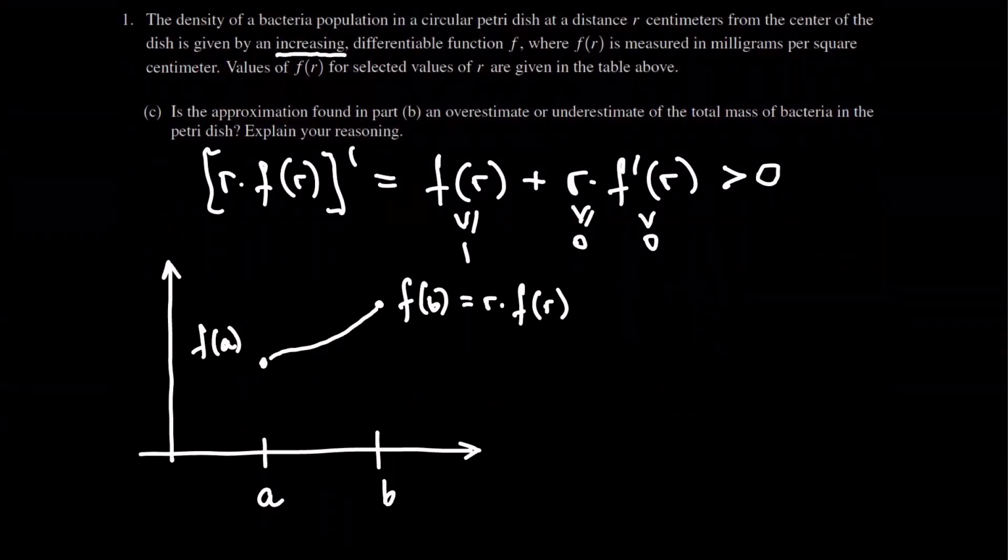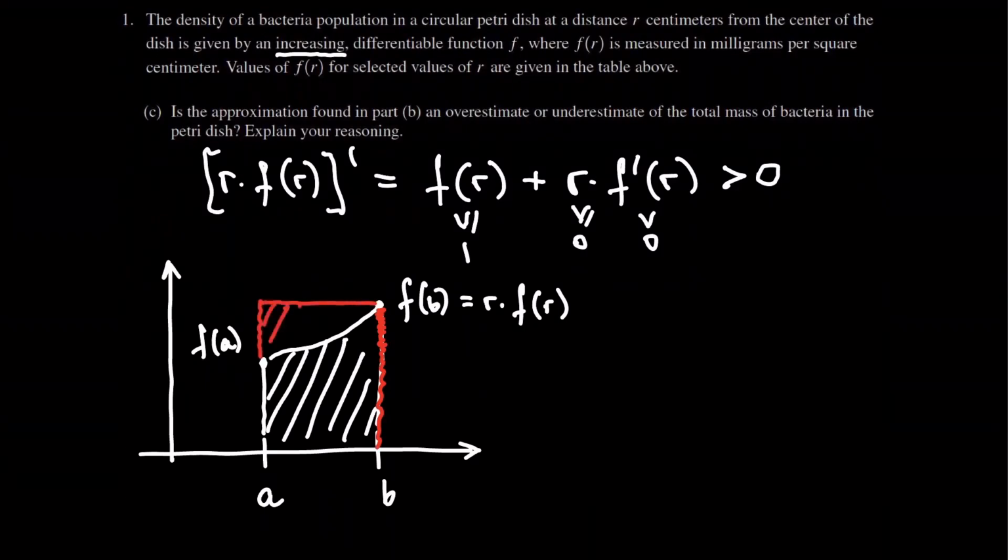And we are using as an estimate for this area, the exact area which lies under the integral, the right Riemann sum, which is this height times the base. And so the overestimation is this region here.